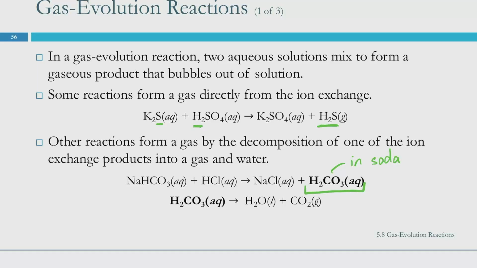That's how some of the carbon dioxide is stored. So this H2CO3, given time and the right circumstances, can go on to produce H2O. If you pull out the H2O, you'll notice that what you're left with is CO2. So CO2 gas that would bubble up out of your solution.